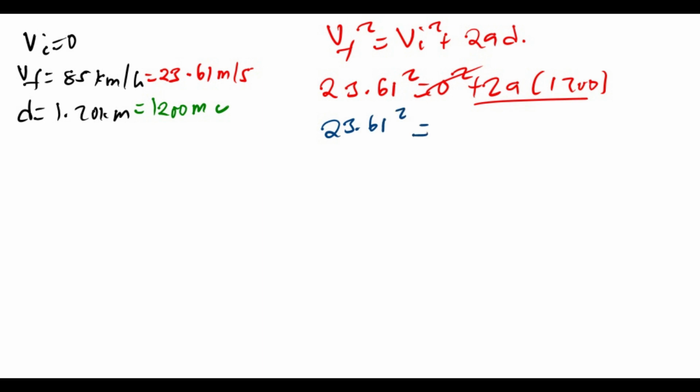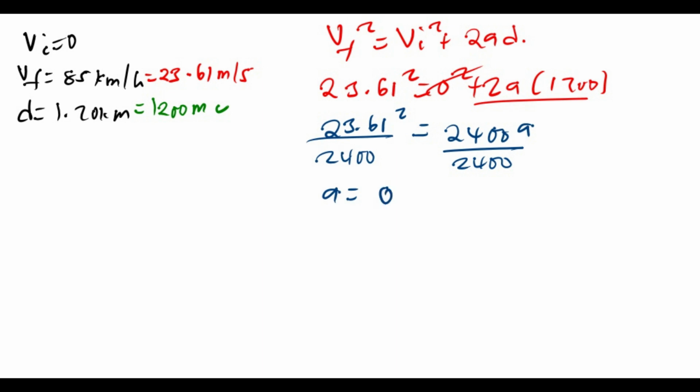Then here I'll say it should be 2400 times a divided by 24. So a is equal to 23.61 squared. I divide it by 2400.